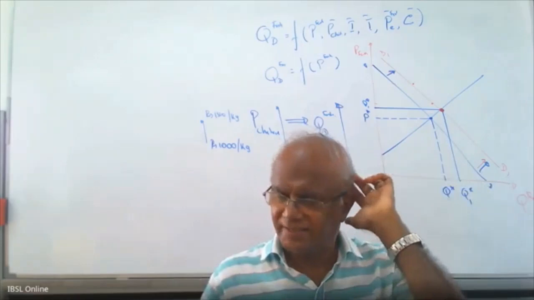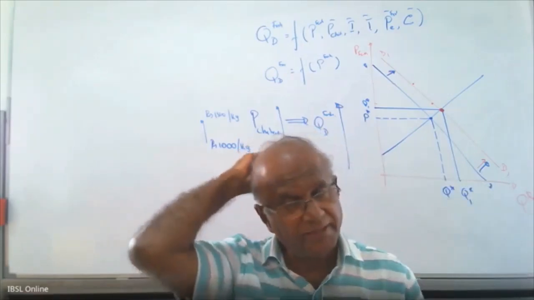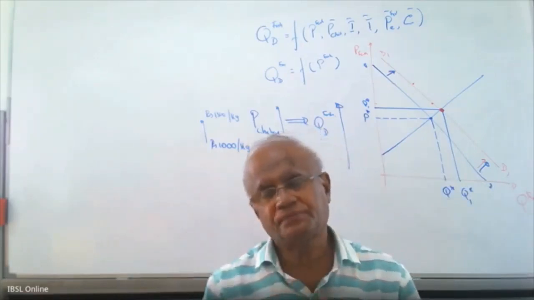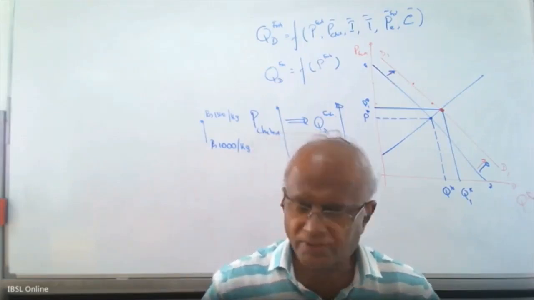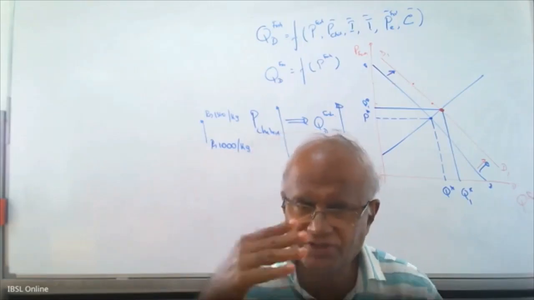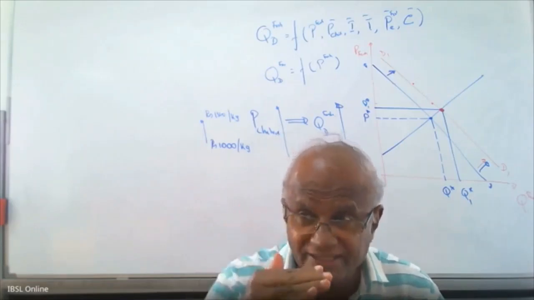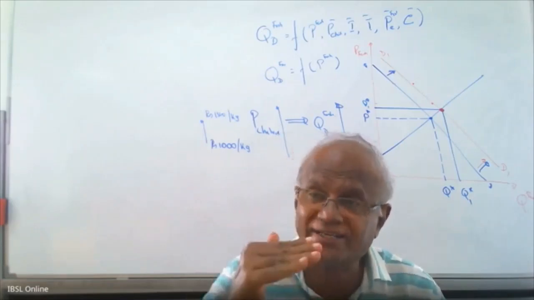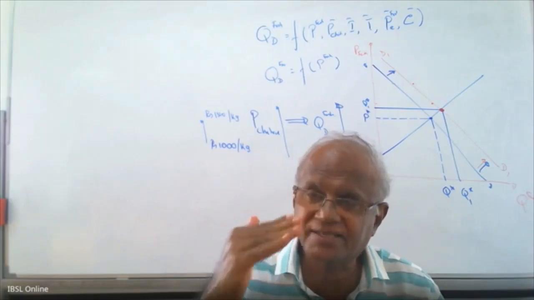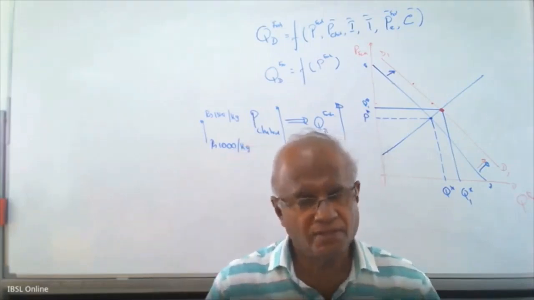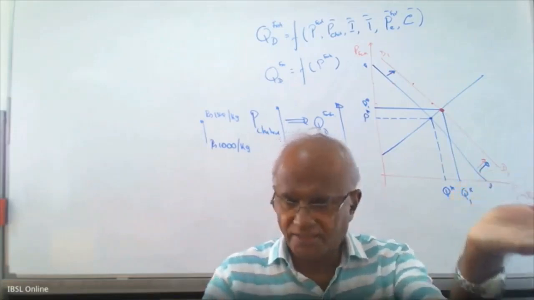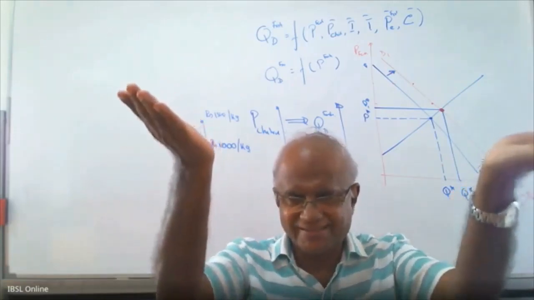Now I will discuss another example. For example, now one of the factors changes. This factor is the price of chicken. When the price of chicken increases, demand for fish increases.